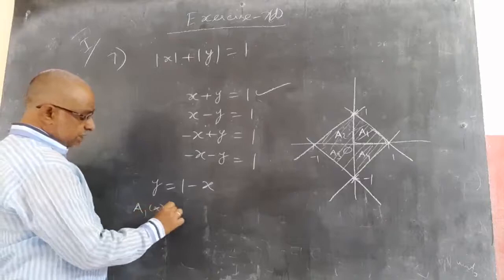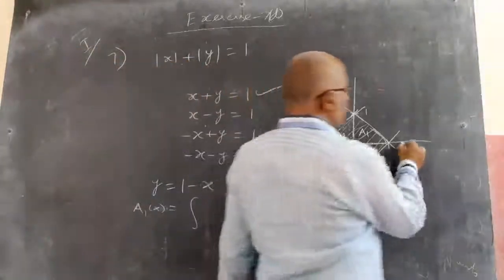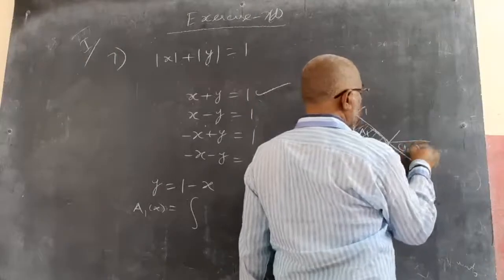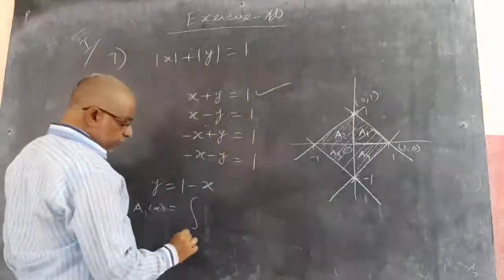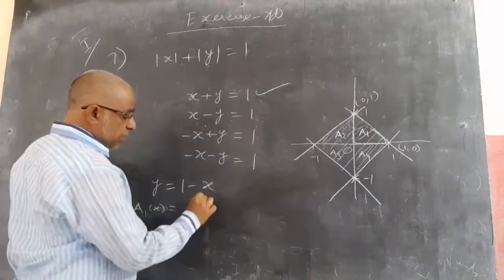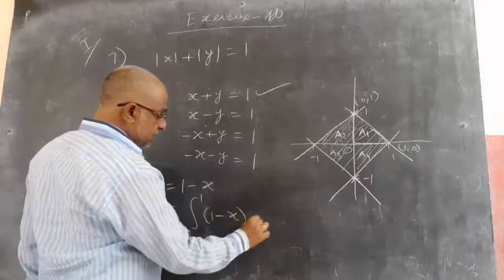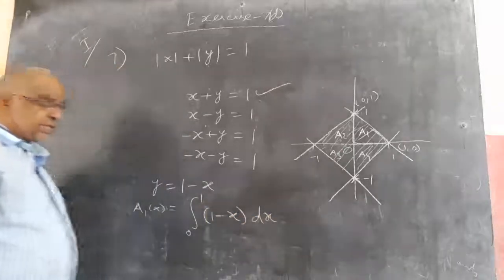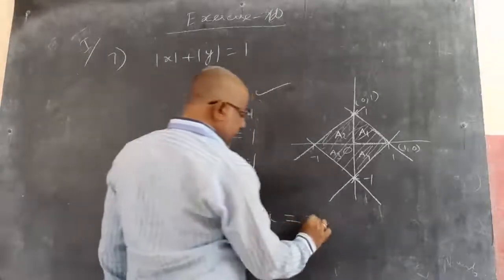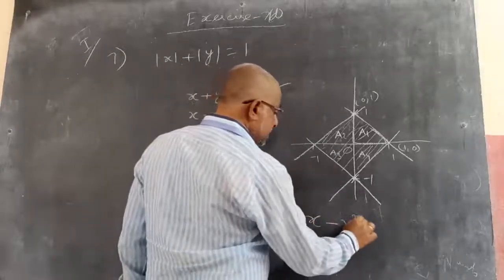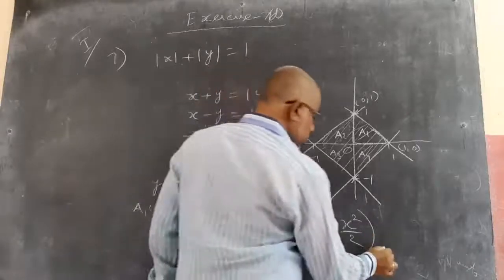So A1 of x: the limits of x, if you take this as 1 comma 0 and this as 0 comma 1, are 0 to 1 or 1 to 0, one choice of taking is 0 to 1. The curve is 1 minus x dx. This is equal to the integral of 1 dx, which is x, minus x dx, which is x squared by 2, between the limits 0 to 1.